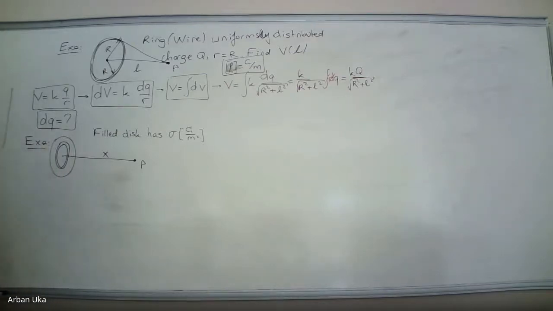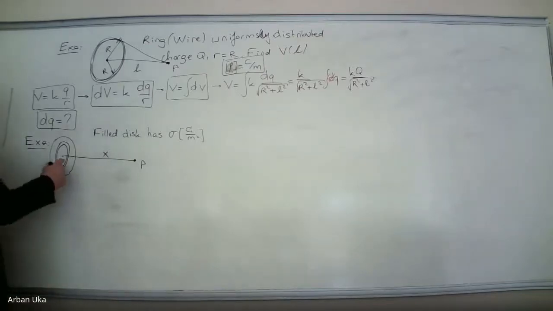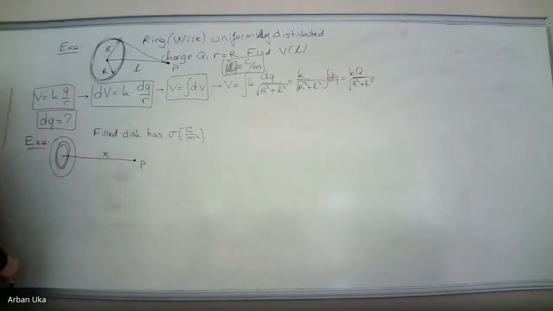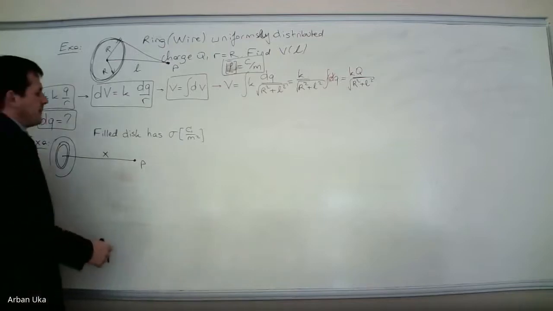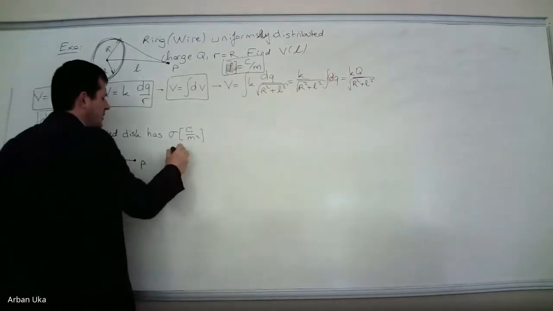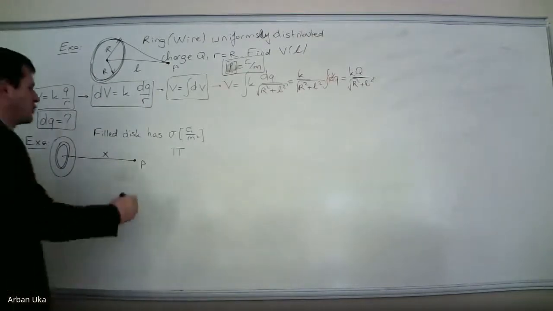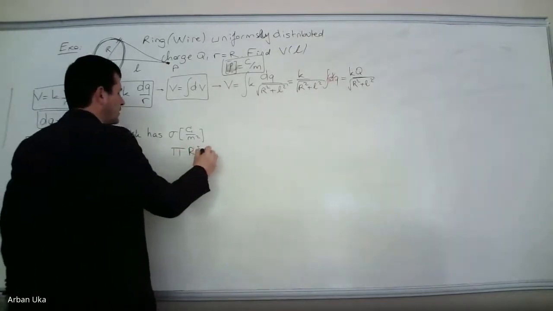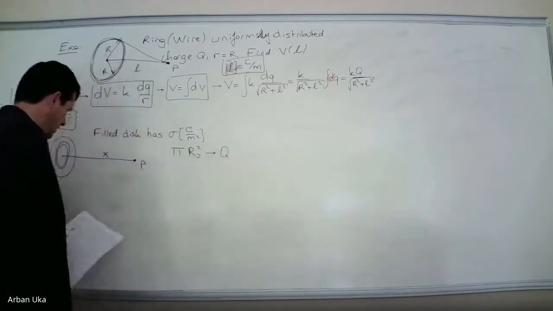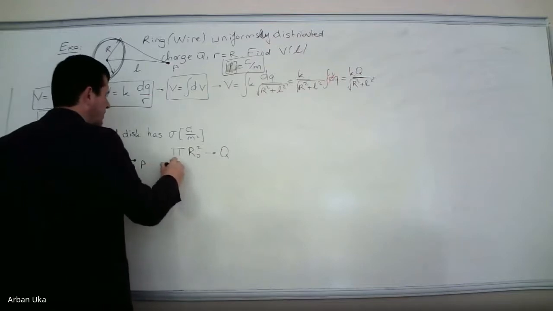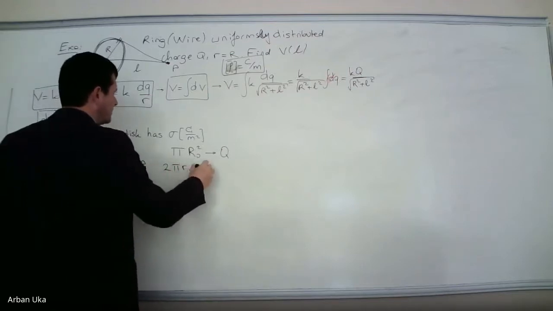So this can be our charge, but how can we describe this? Now, if the charge density is uniform, which it is in this case, then we can do the following. If the surface area of the disk is pi r0 squared, and the total charge is equal to q, then what is the charge if the area is 2 pi r dr?